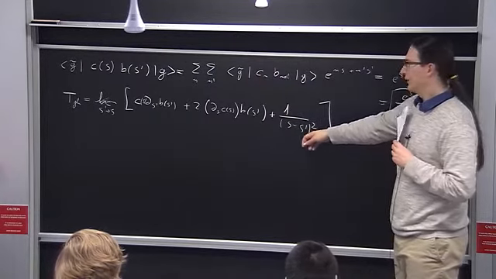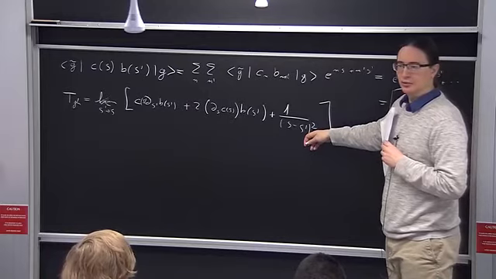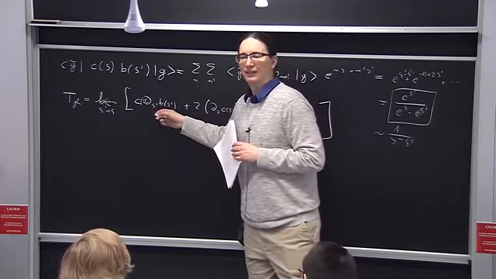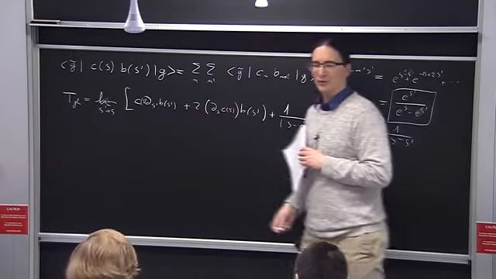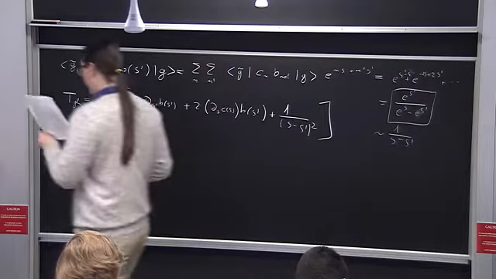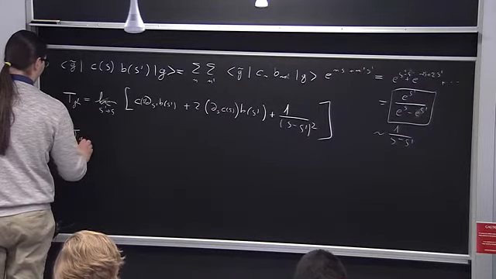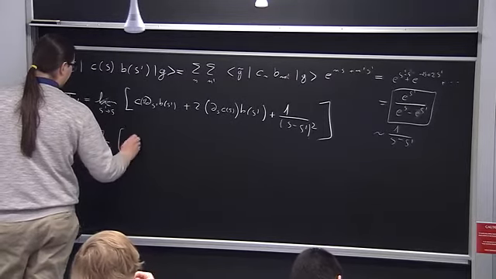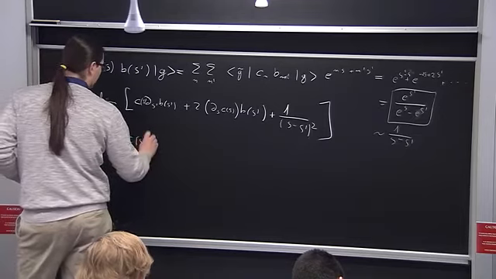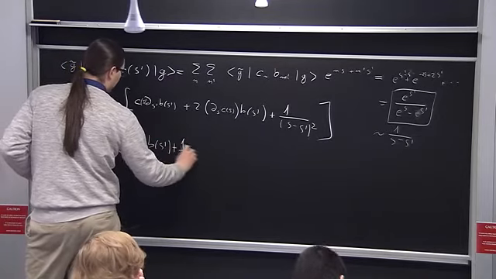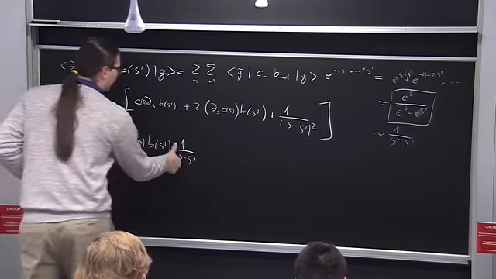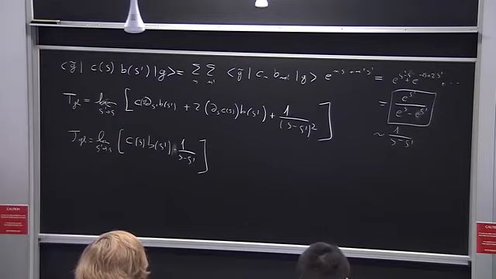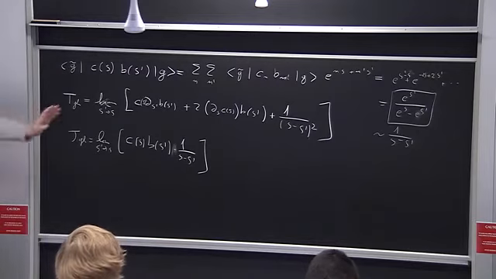It turns out that this is the only divergence you need to remove, because when you plug this in here, you get 1 over s minus s' squared. And similarly for the ghost number current, you can just do something like this. And similar definitions for T bar and J bar.